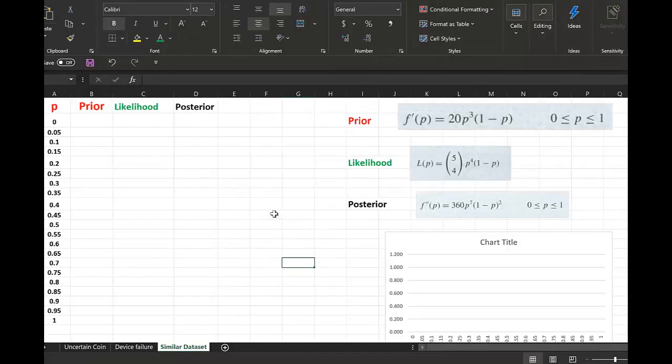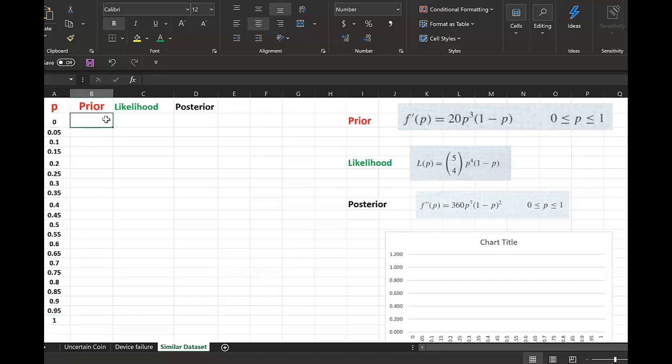In this Excel sheet, on the x-axis, p is the prior. Let's first take p, and we have increased it by 0.05. So first is 0, then 0.05, 0.1, 0.15. These are the possible values of p, and this lies from 0 to 1.